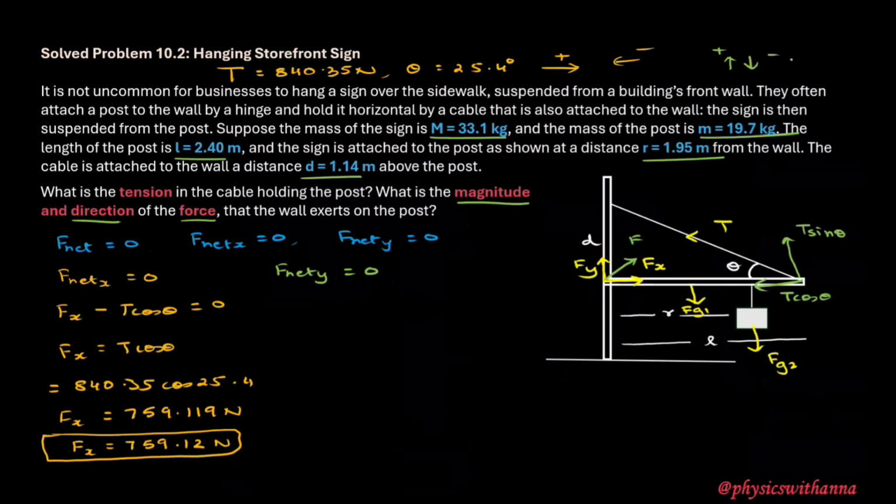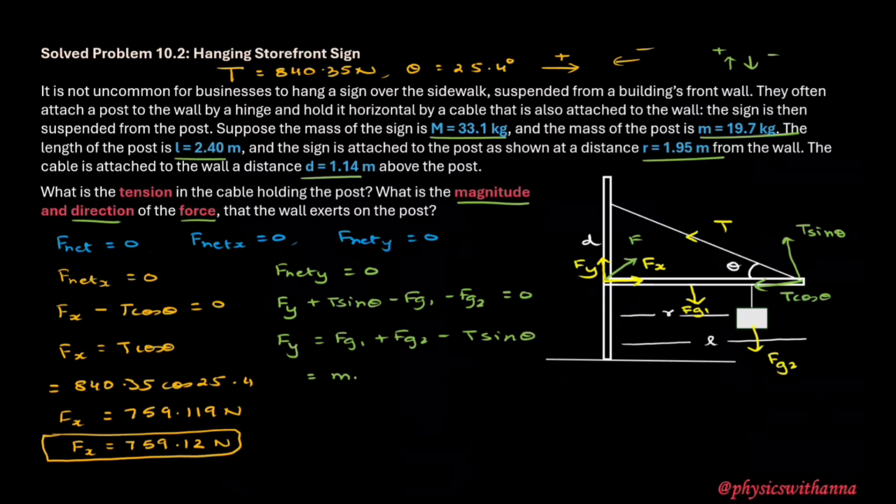The ones going down, we will take as negative. So we write Fy plus T sine theta minus Fg1 minus Fg2 equals 0, or Fy equal to Fg1 plus Fg2 minus T sine theta.